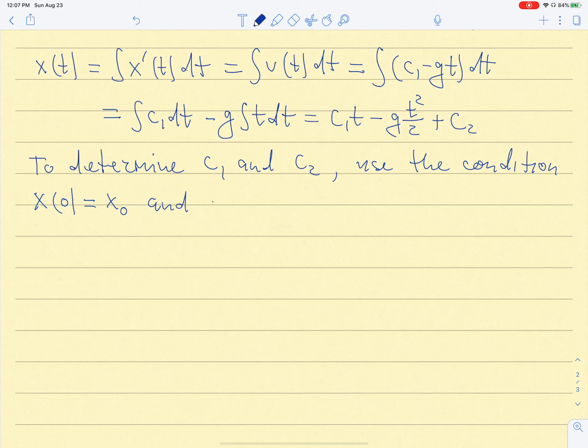And also, I'm going to assume that the ball was released from rest.